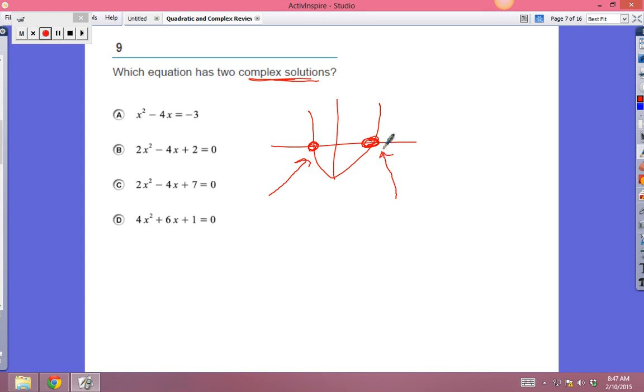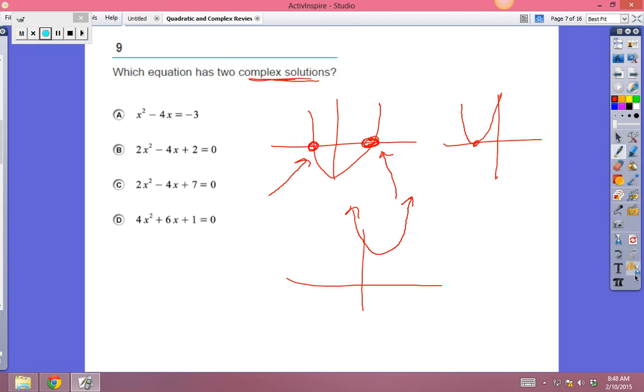So it's going to either have two solutions or the one we just looked at. Sometimes they have one solution, but with complex solutions, it's not ever going to touch the graph at your x-axis. Okay, so you can graph them all and look at which graph never touches, or you got to look at the discriminant.